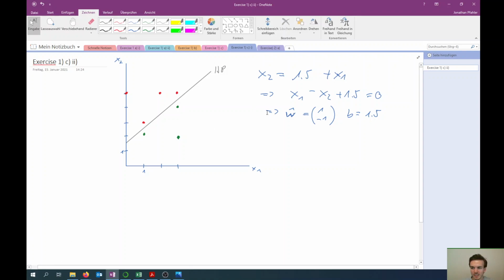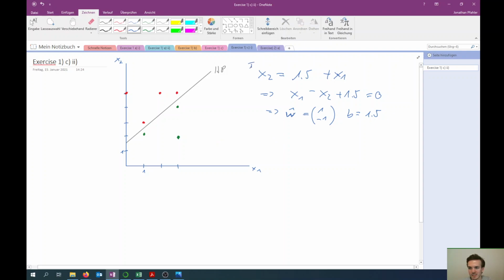Now in the second part we should say when a point is classified as lying above the line and when it's classified as lying below the line. So when is our prediction y is equal to 1 or y hat is equal to 1, and when is it y hat is equal to minus 1.